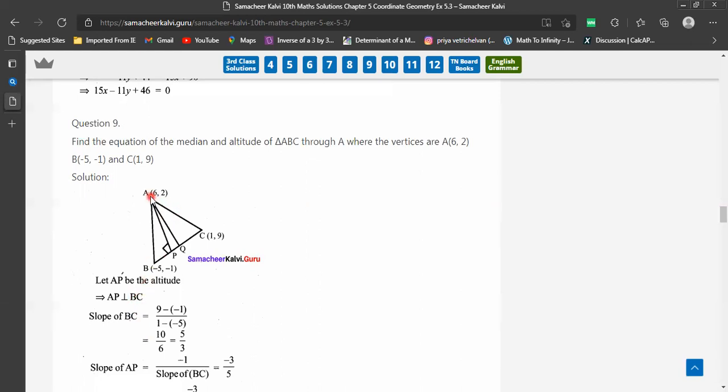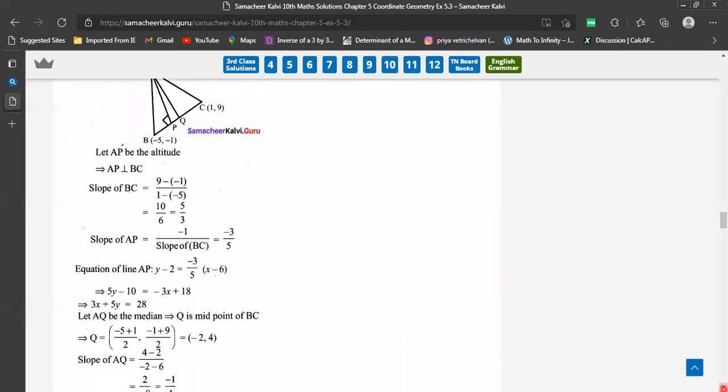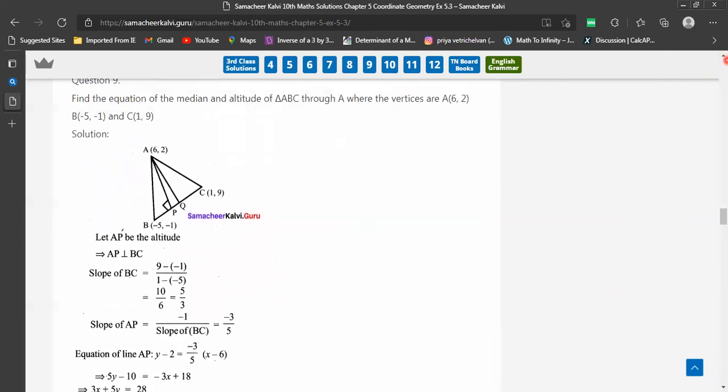So they're taking AP as perpendicular to BC from the diagram. They're asking about the equation of the median, okay? Equation of the median means you have to find the equation of the AP. AP is a straight line.